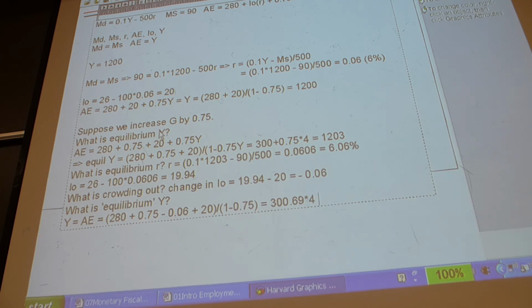Is that correct? So it should be 1,202.76. Nice.